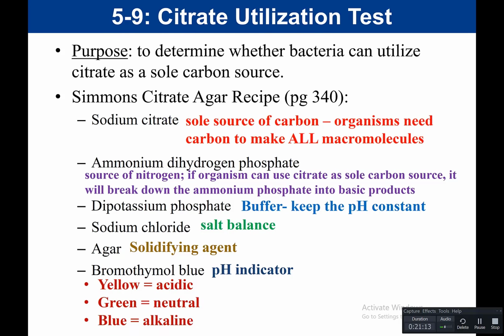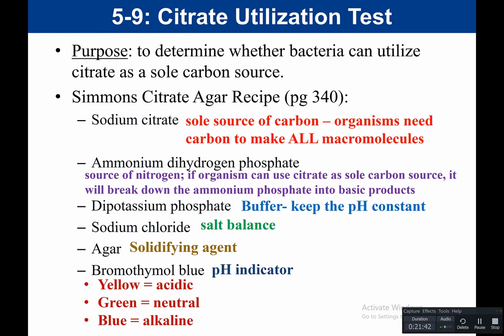The bacteria would then break down the ammonium phosphate and produce basic products, which is our readout. So again, this test is an indirect test. We are not detecting products of citrate metabolism directly, but we are detecting the products of another process that only happens if citrate is also metabolized.